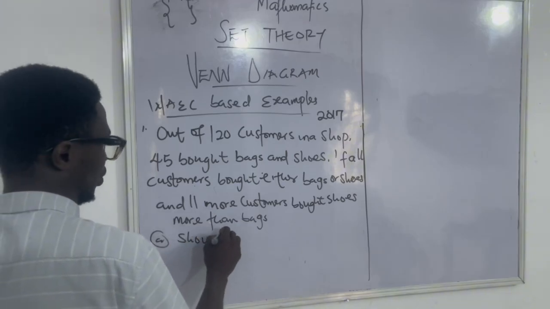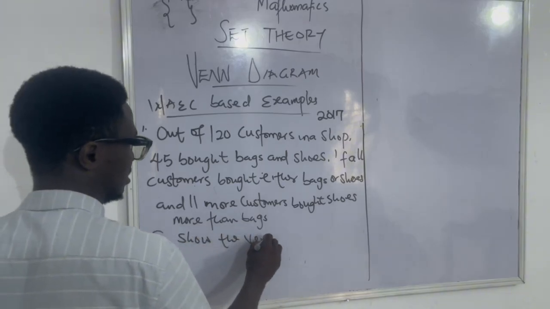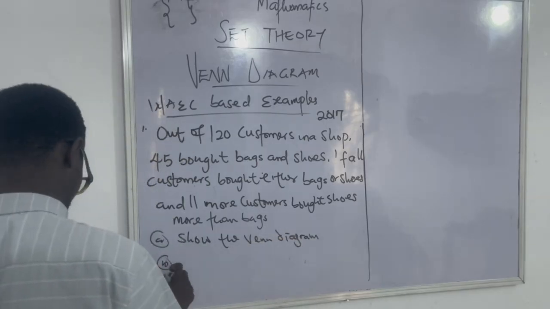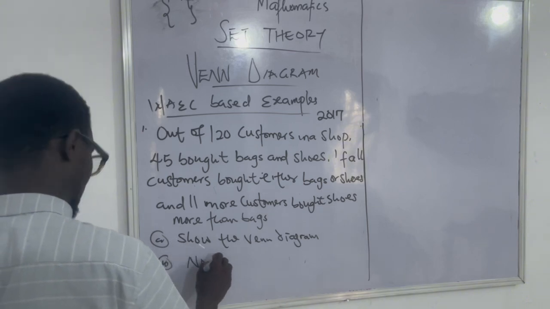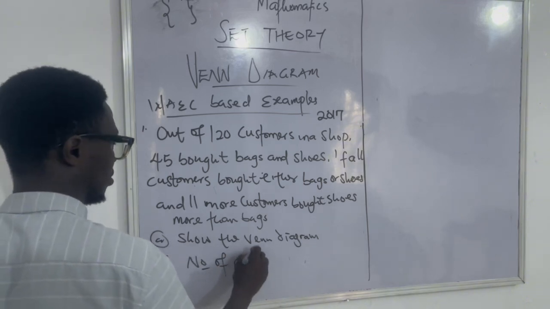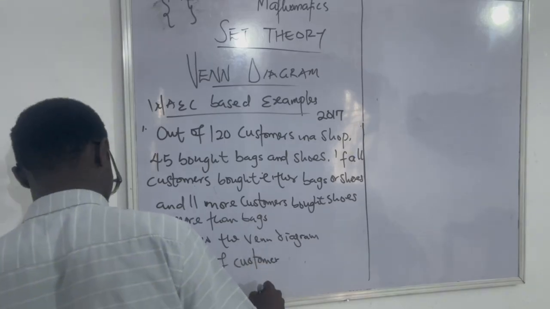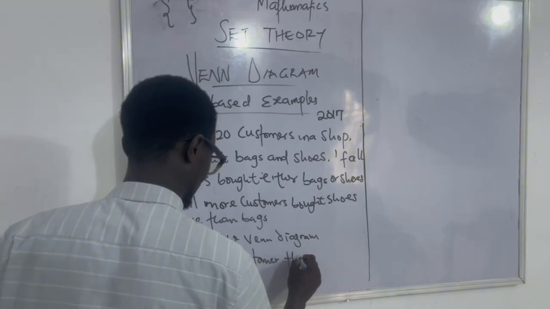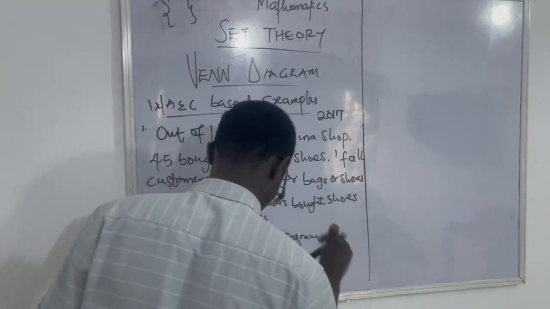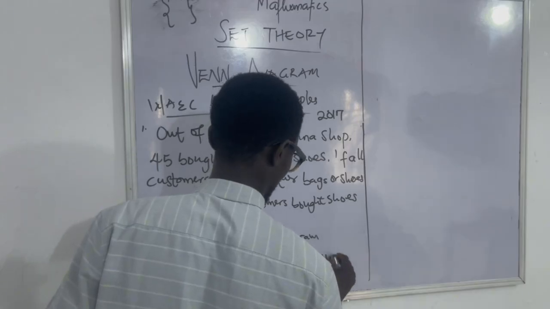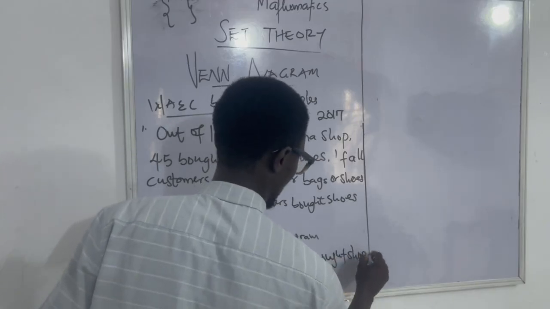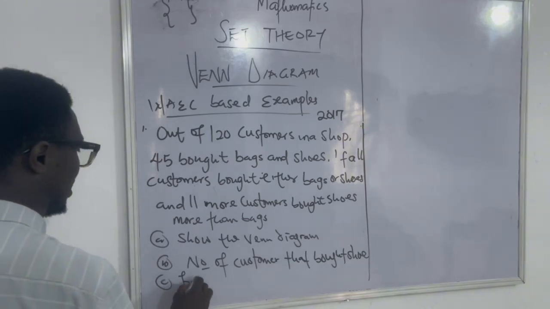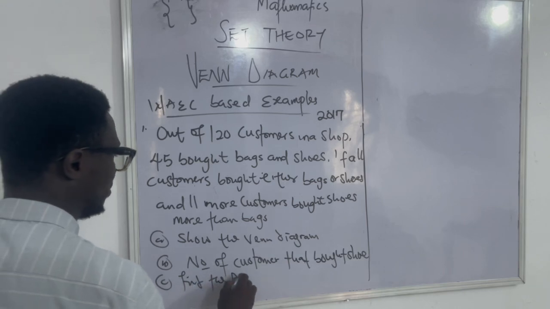He said, A, show the Venn diagram. B, calculate the number of customers that bought shoe. So number 3, which is the last one, he said find the probability.